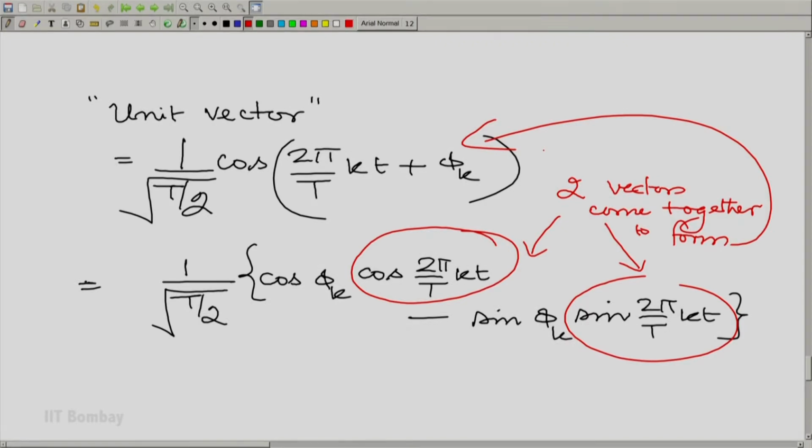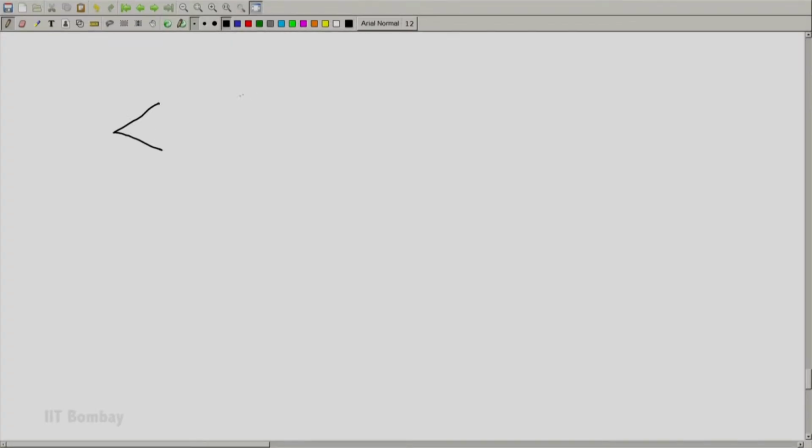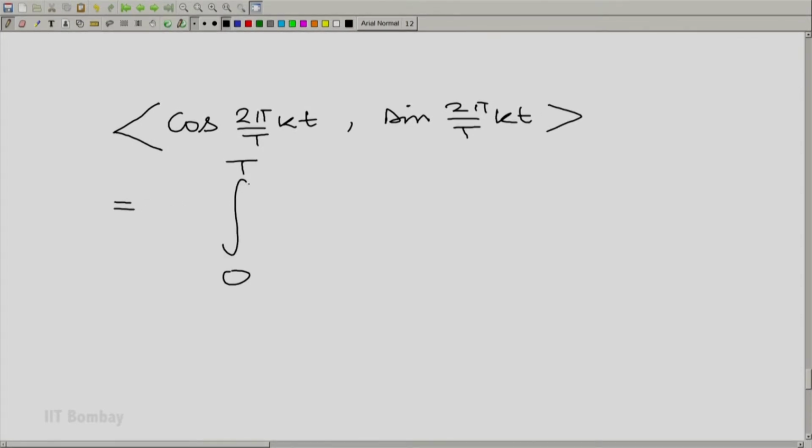And now I need to check whether these again are perpendicular vectors or not. So, let me do that. Let me take the dot product, cos 2 pi by T kt and sine 2 pi by T kt. Dot product is very easy to calculate, it is integral 0 to T cos 2 pi by T kt times sine 2 pi by T kt dt.